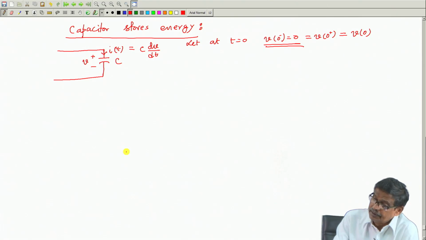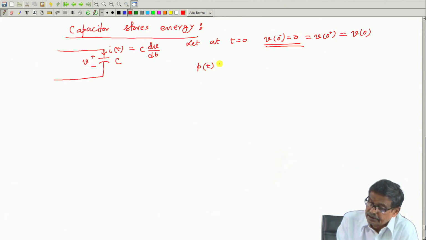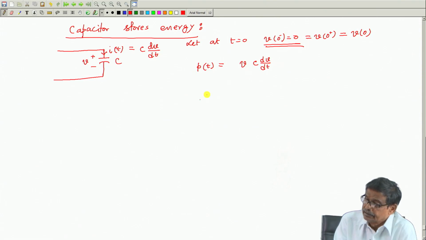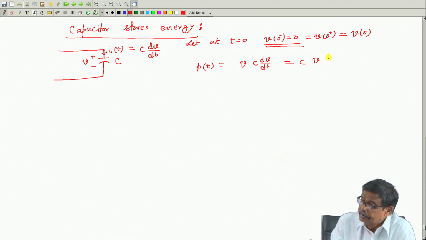Now, therefore, how to calculate the energy stored? So, instantaneous power at any time t will be voltage across the plate of the capacitor into current C dv/dt, is not? This is the instantaneous power, and this becomes equal to C v dv/dt.